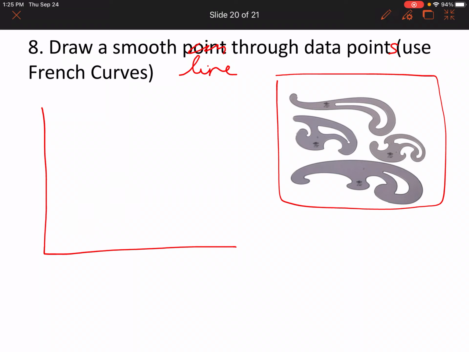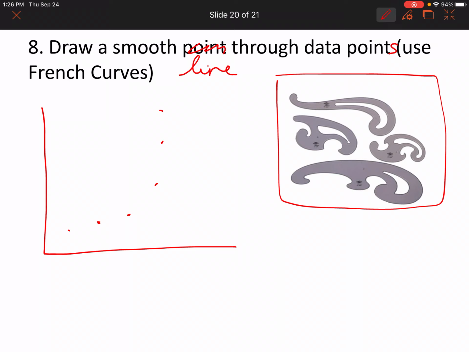So I'm just going to redo my thing here. Sorry. Okay, so you would want to show a smooth curve through this. And the point of doing this is you've got a data trend, so it shows your trend in data.